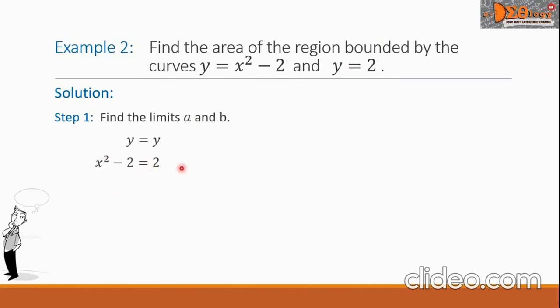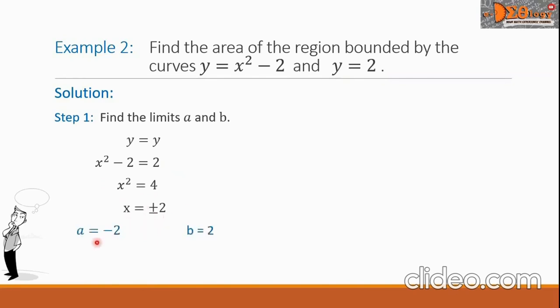Simplifying this, we have now x squared equals 4. If we take the square root of both sides, we will get the value of x, and this is equal to plus or minus 2.